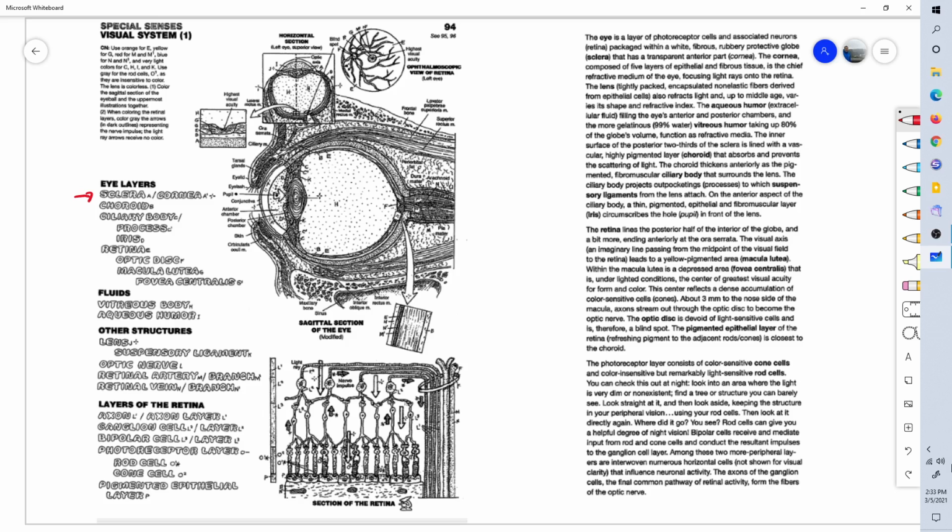The sclera is a fibrous, white, rubbery, protective globe that makes up the ball of the eye. It is this layer here. Surrounding the eye.